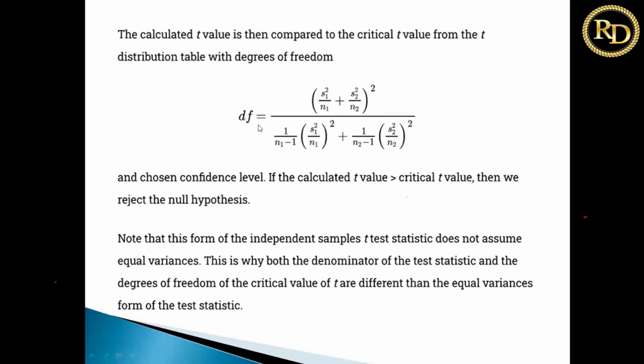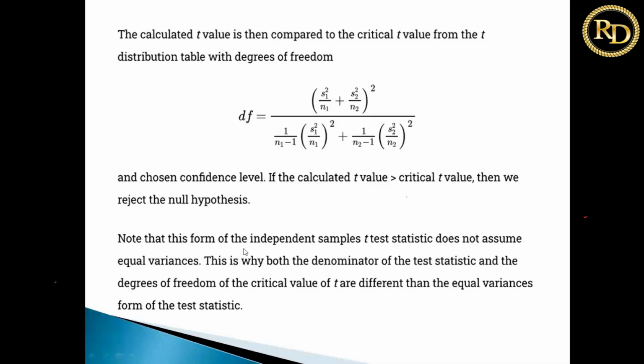So with this formula, the degrees of freedom is calculated, and on the basis of the degrees of freedom, we find the tabulated value of the T distribution with this degrees of freedom and, say, 5% level of significance. And then we compare it with the critical value, and if it is greater than that critical value, then we reject the null hypothesis. Otherwise, we have no evidence to reject the null hypothesis.